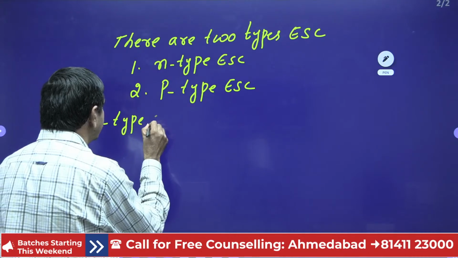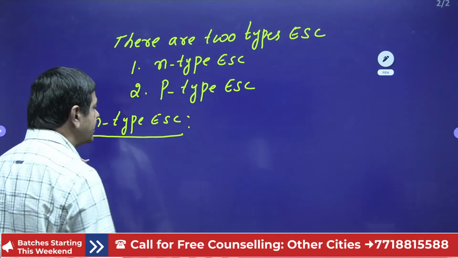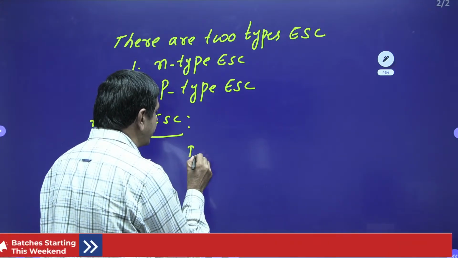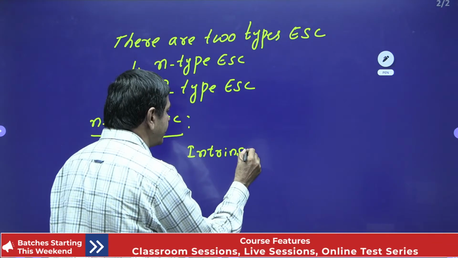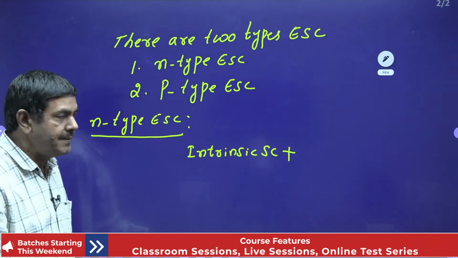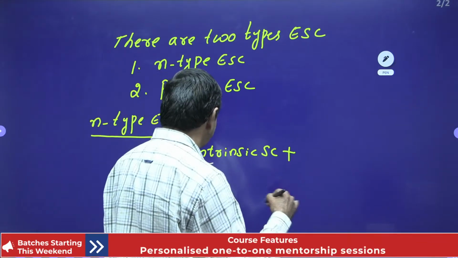N-type extrinsic semiconductor. How is this formed? Suppose I selected initially an intrinsic semiconductor. This is mixed with, added with, doped with, any one is allowed.